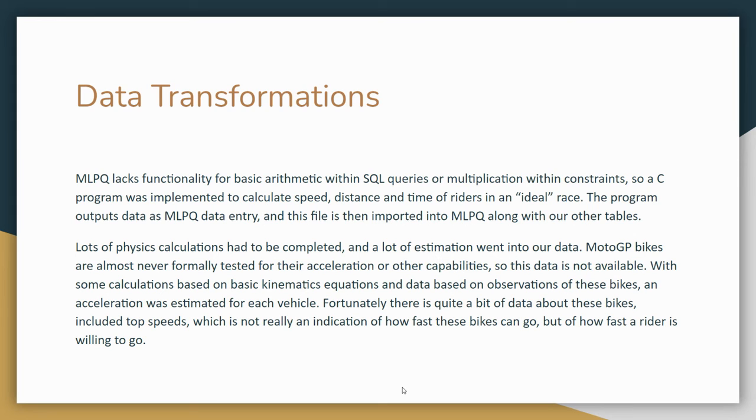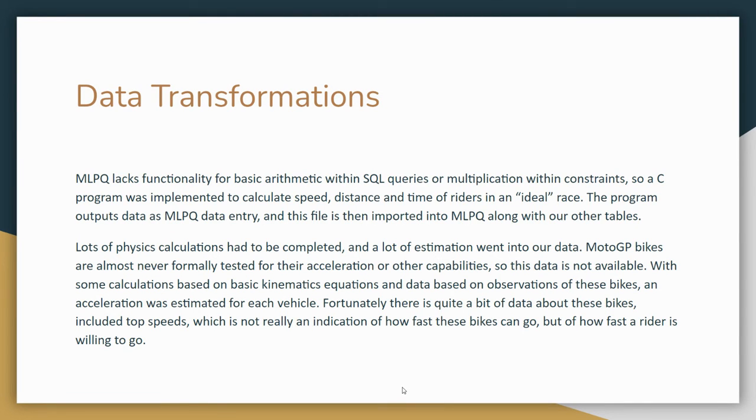So continuing with our data transformations, to get around a lack of functionality of basic arithmetic within SQL queries, we implemented a C program that calculated the speed, distance, and times of riders in an ideal race. It takes into account what speed you need to take the corners at, how fast you can get going in the straights, stopping distance, braking time, all of that.